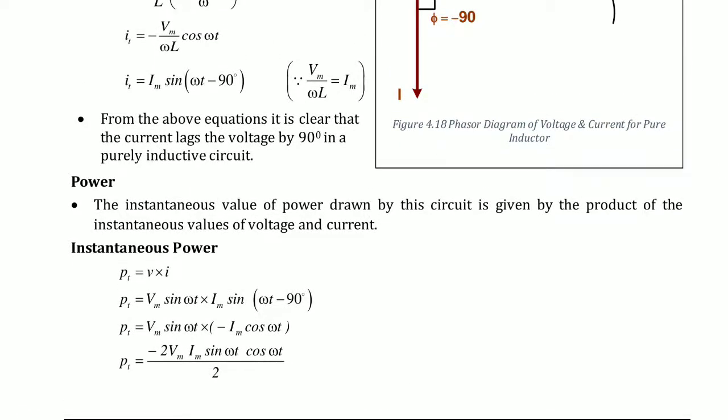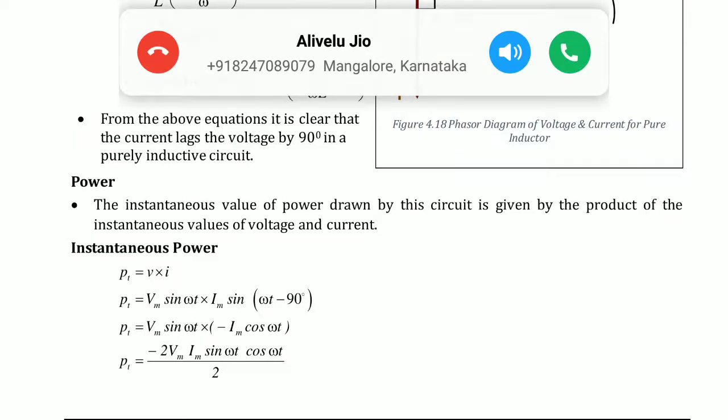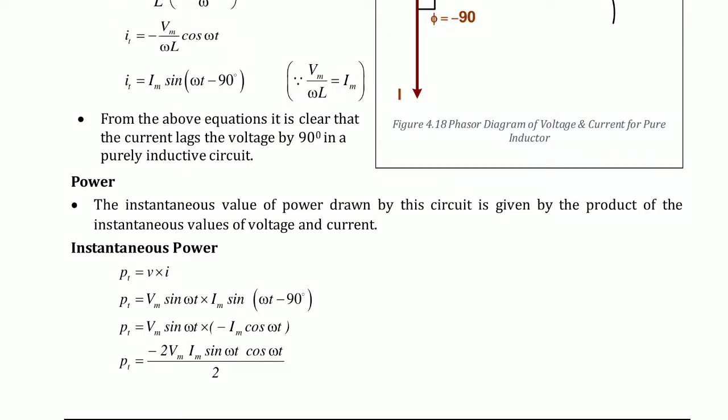So Vm sin omega t is the instantaneous voltage equation, and Im sin(omega t minus 90) is the instantaneous current equation.